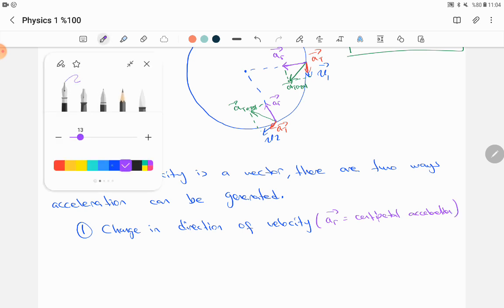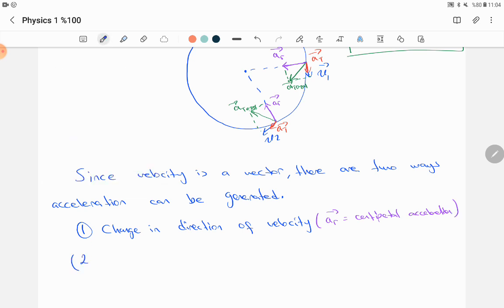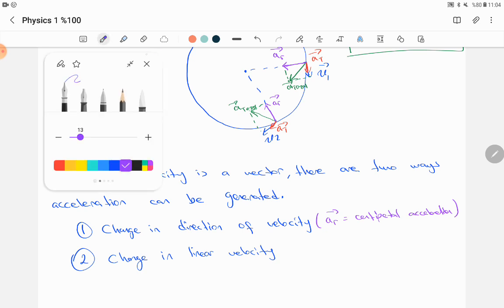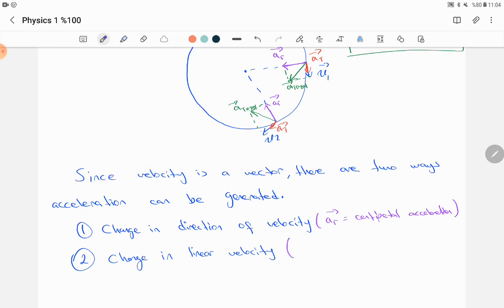The second way is a change in linear velocity, and this acceleration type is called tangential acceleration.